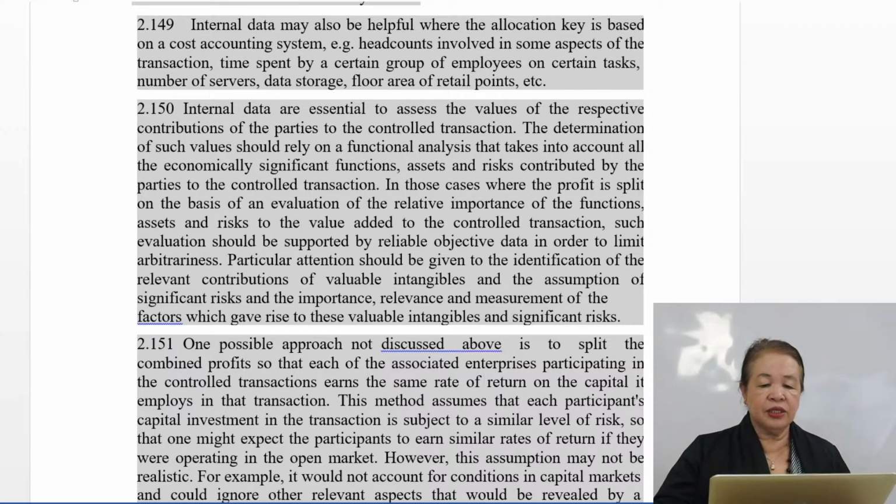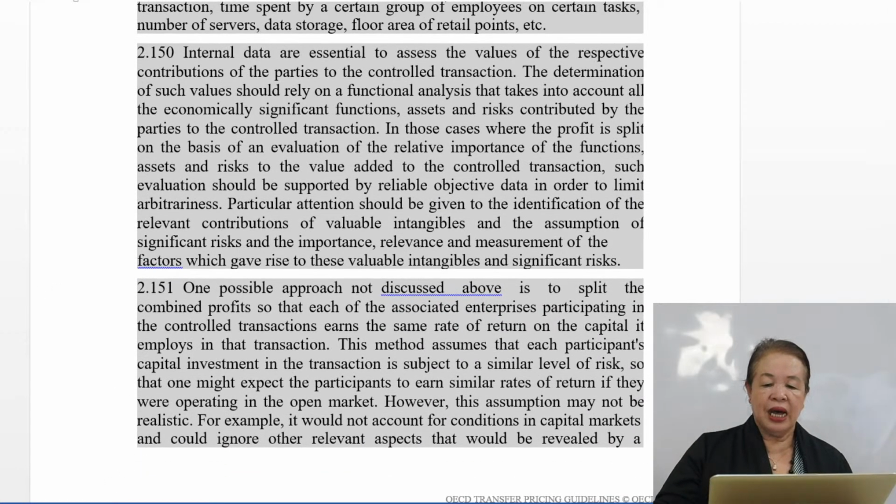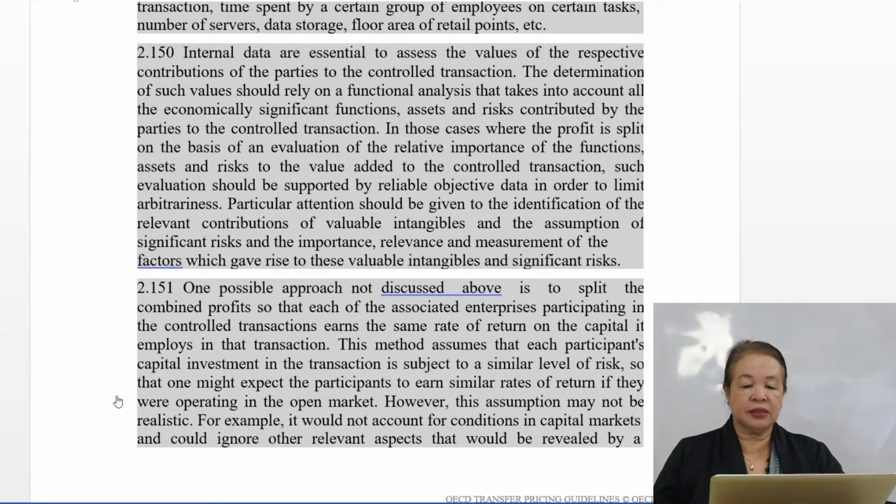So particular attention should be given to the identification of the relevant contribution of valuable intangibles and the assumption of significant risk and the importance, relevance, and measurement of the factors which give rise to these valuable intangibles and significant risks, no? So very important. Functions, assets, and risks. So go back to 5 comparability factors.